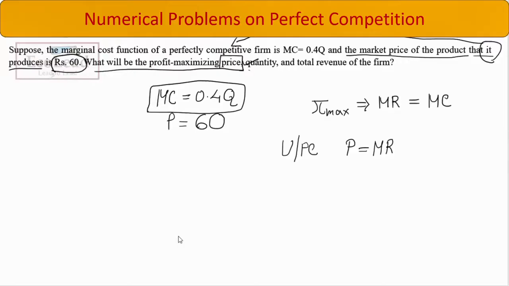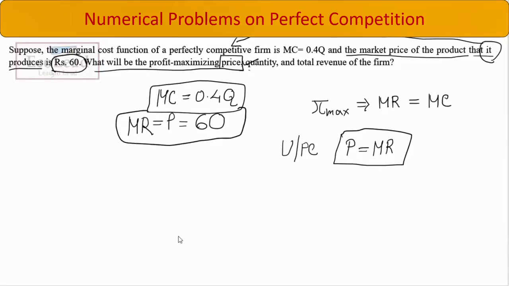So here we can write that P equal to 60, and that is also the marginal revenue. Combining these at the profit maximizing condition, MR, which is 60, equals 0.4 Q.